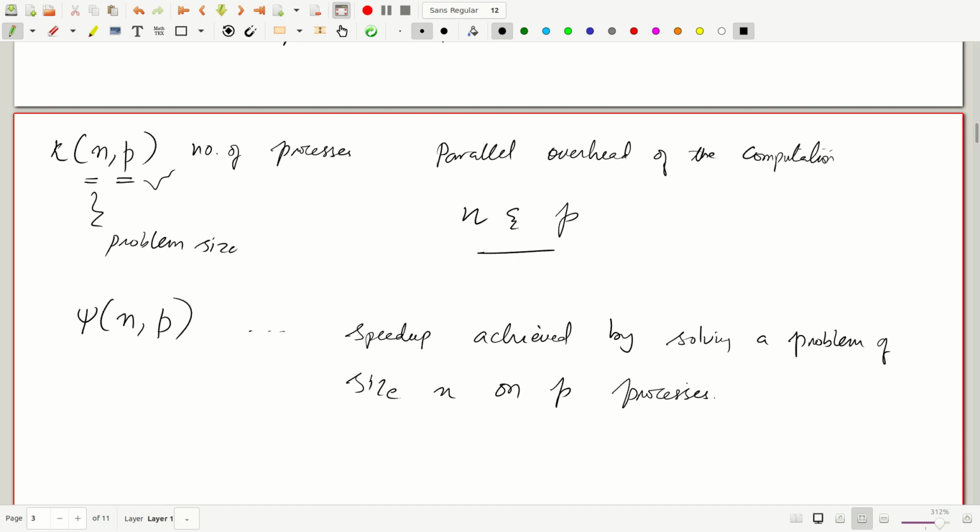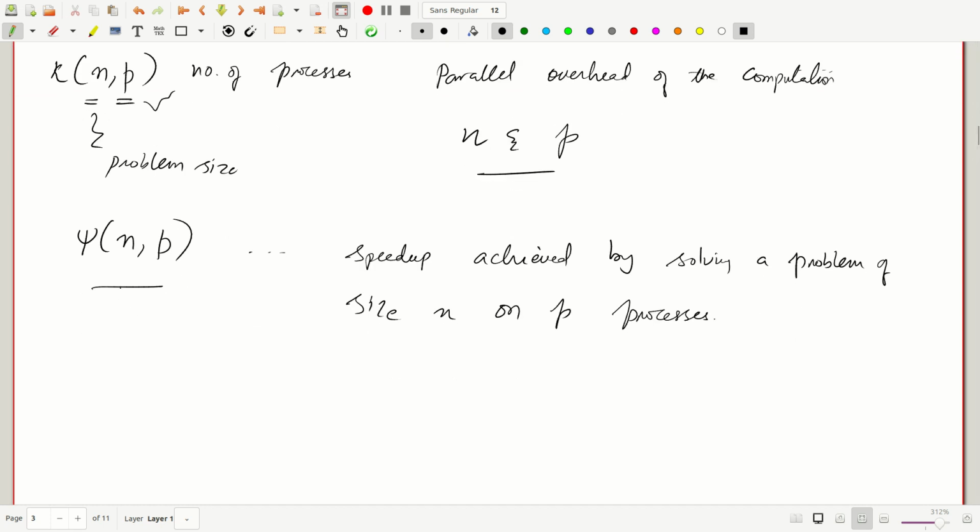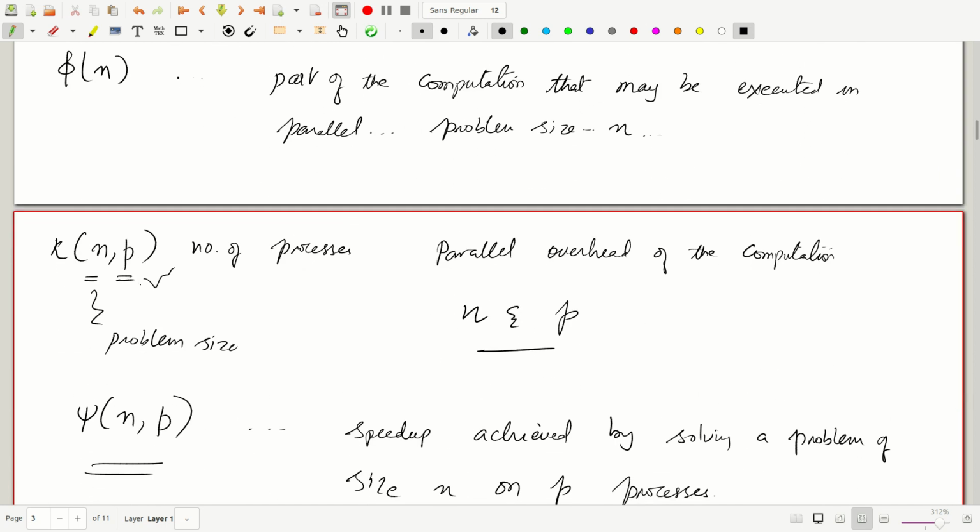Let us see if we can define psi of n, p using these three variables we have introduced.